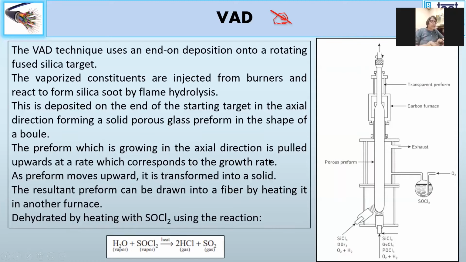And here what is happening is a process of dehydration. Any kind of vapor that is present reacts with the SOCl2 vapors that are inserted into this furnace and releases SO2 gas and HCl gas, removing any kind of water vapor.